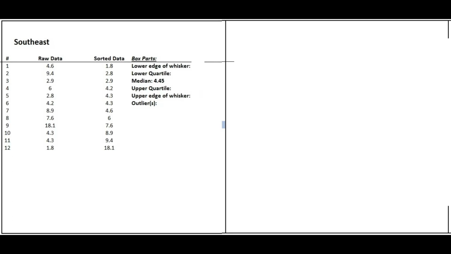And now if we look at our lower quartile, we'll notice that we have data points that are less than the median. So let's see if we can find all of the data points that are less than the median. And we have 1.8, 2.8, 2.9, 4.2, 4.3, and then another 4.3. We can't use 4.45 because that's our median, and it's not an actual data point.